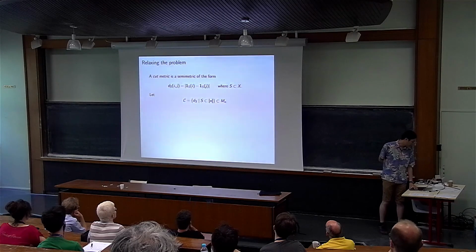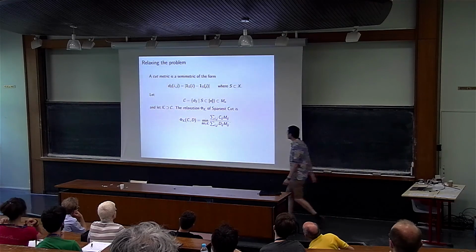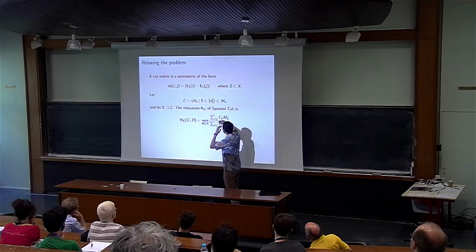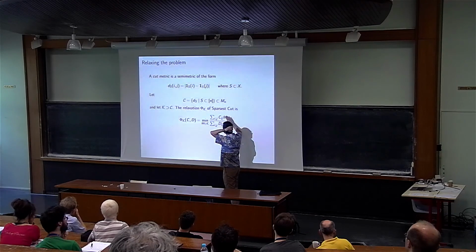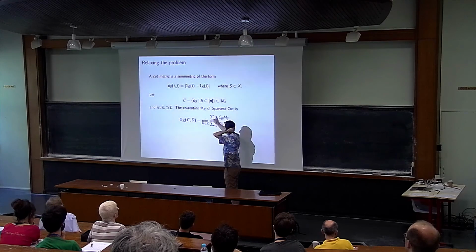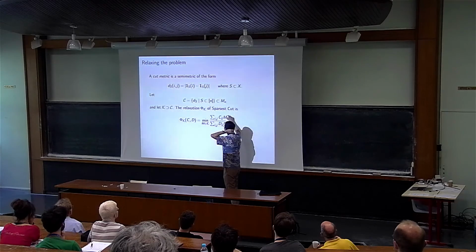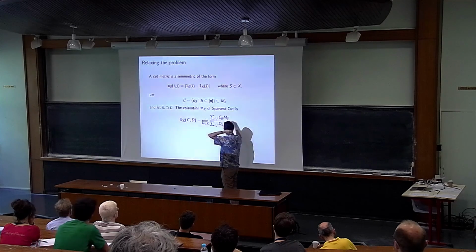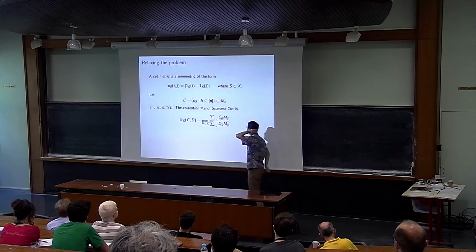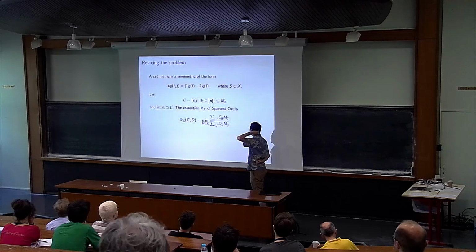So let's let C be the set of cut metrics, and then I can write the sparsity of a cut as the sum over i and j of C_ij times M_ij, where M is a cut metric, over the sum over i and j of D_ij times M_ij, where M is a cut metric, and get exactly the same minimization problem as we saw before.